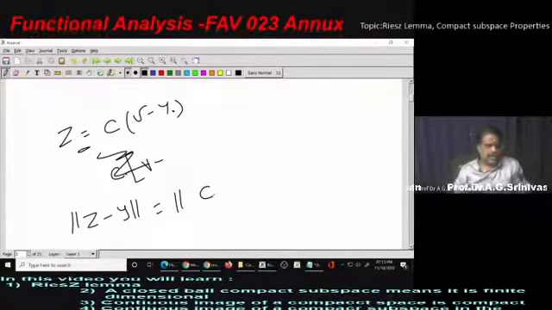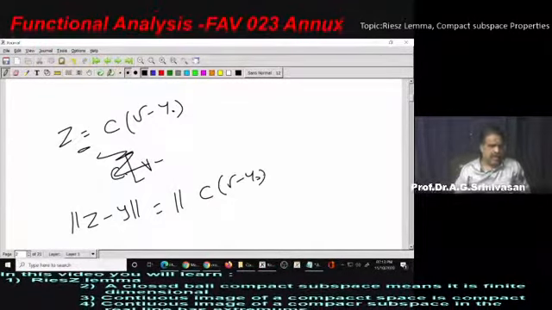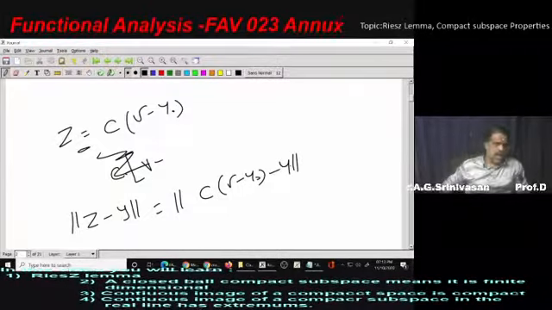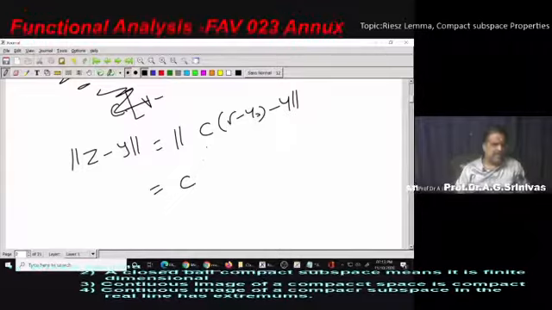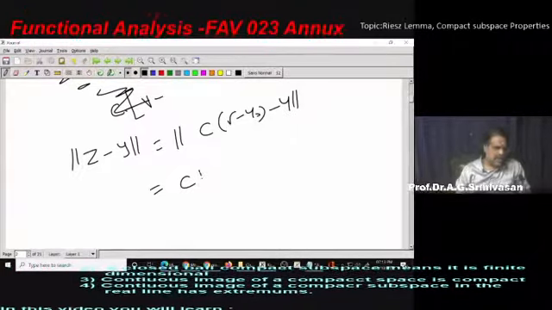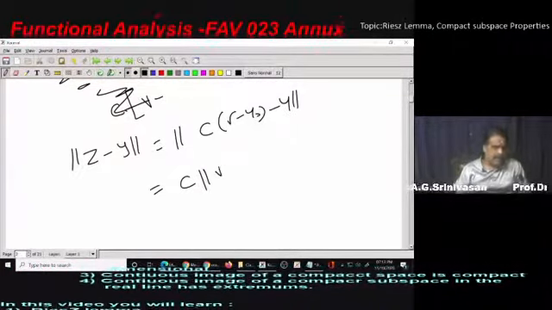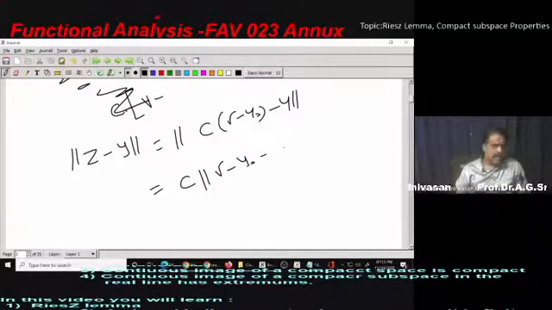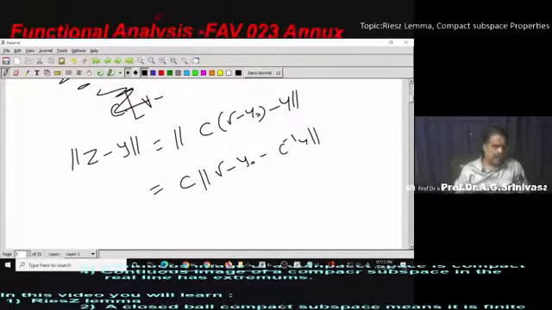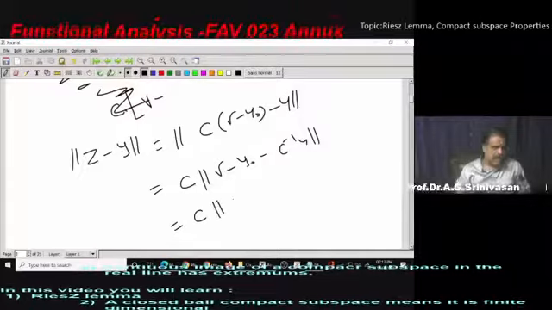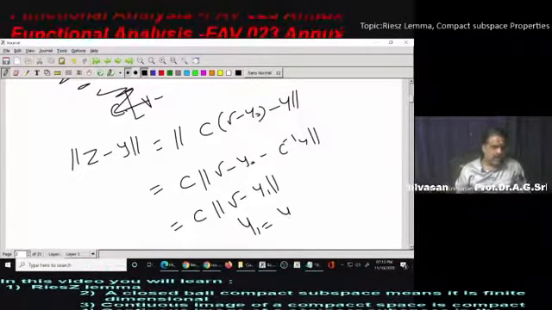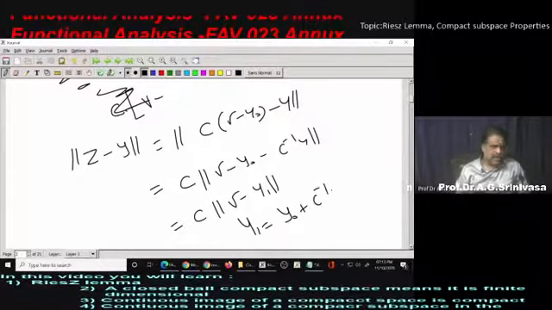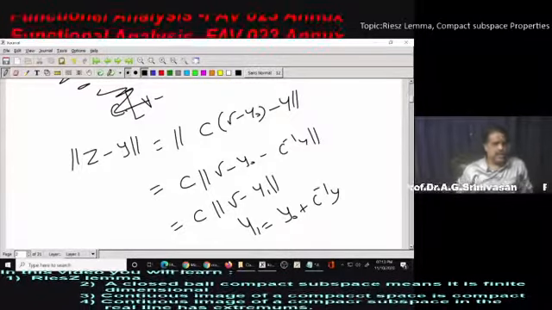Z is C into V minus Y naught minus Y. So I will take this term, which is equal to C times, because C is positive, so modulus C is C, norm V minus Y naught minus C inverse Y. This I will write as C times norm V minus Y1, where Y1 is equal to Y naught plus C inverse Y.